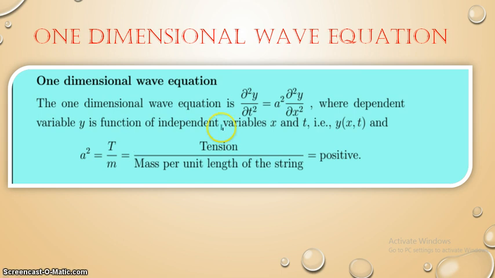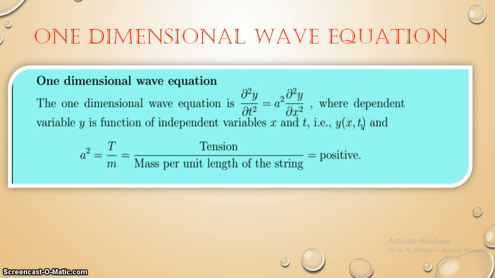∂²y/∂t² = a² ∂²y/∂x², where y is a dependent variable, a function of the independent variables x and t, that is y(x, t).